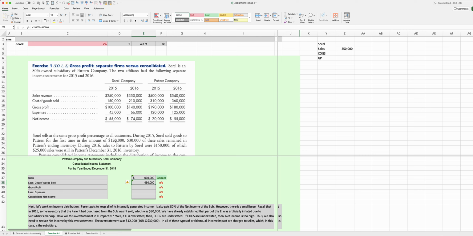This was an intercompany sale, which we already subtracted from the sales number, and now we need to subtract that sale from the consolidated group, because we're not allowed to recognize intercompany transactions in a consolidated group. They're considered just a transfer of goods within an affiliated group.